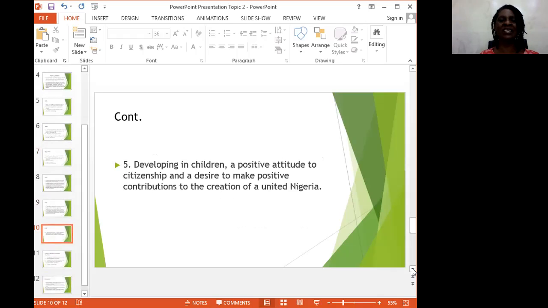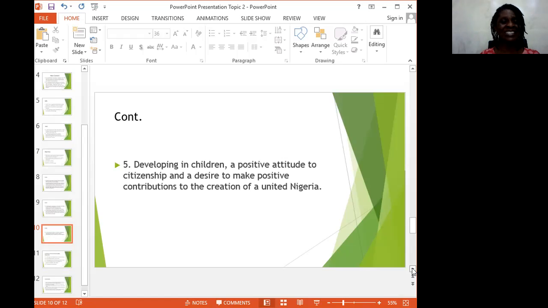The fifth point says the objective is developing in children a positive attitude of citizenship and a desire to make positive contributions to the creation of a united Nigeria, which we are all looking forward to having someday.